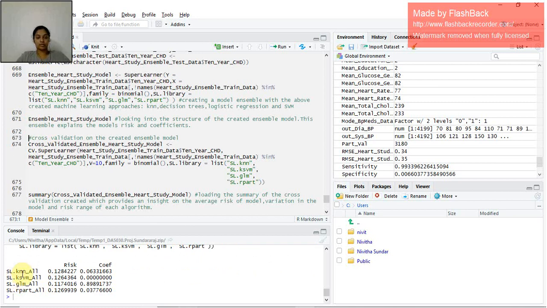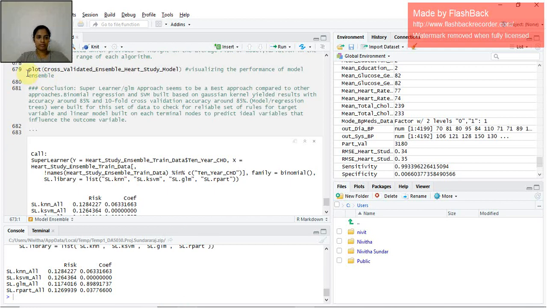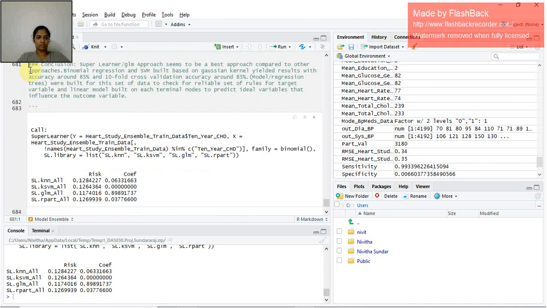This was done using the SuperLearner package, and KNN seemed to have the highest overall risk. Even though the AUC value was around 97%, the risk was even higher in this case. So AUC probably cannot be the only evaluation metric through which algorithms should be computed.